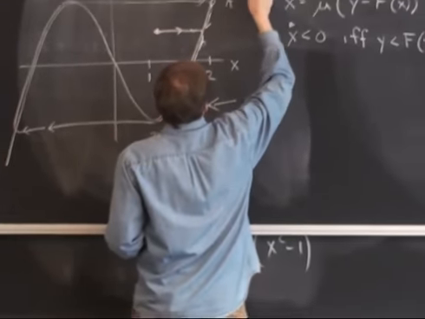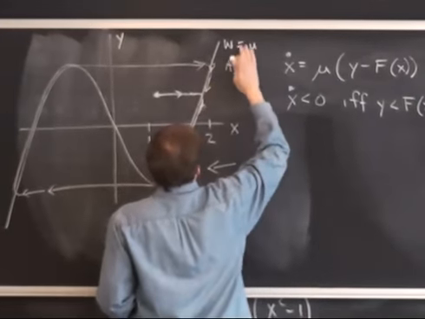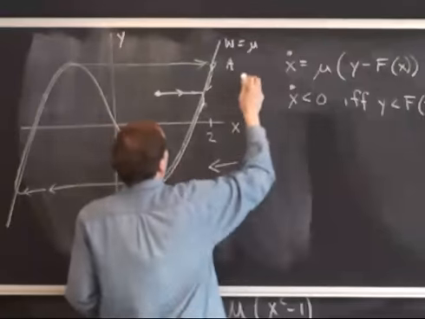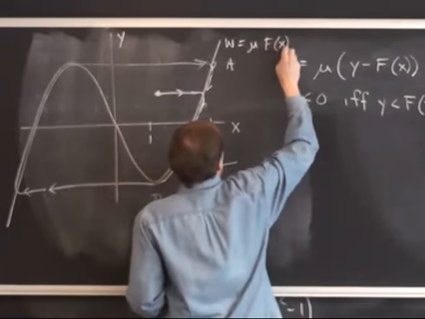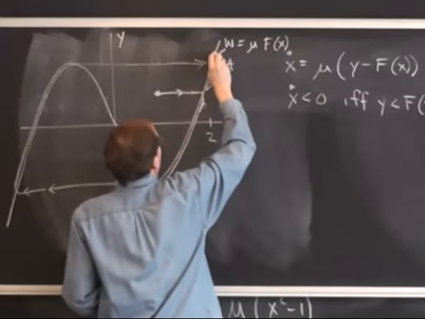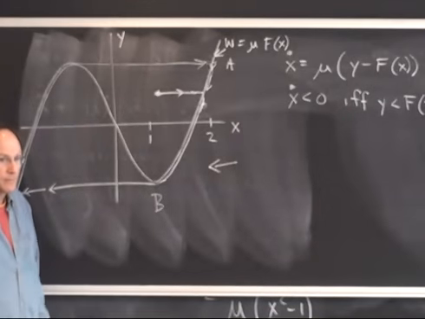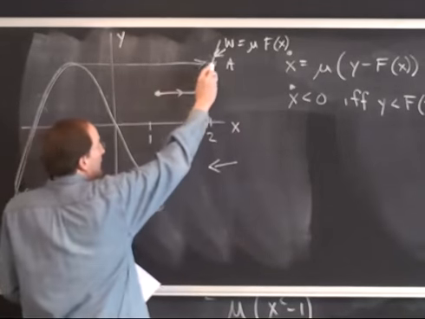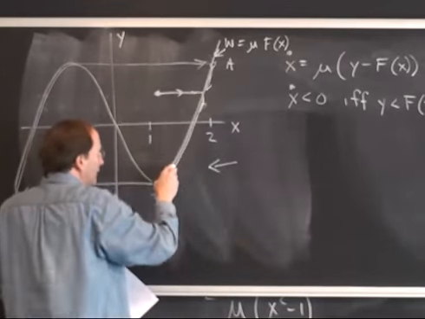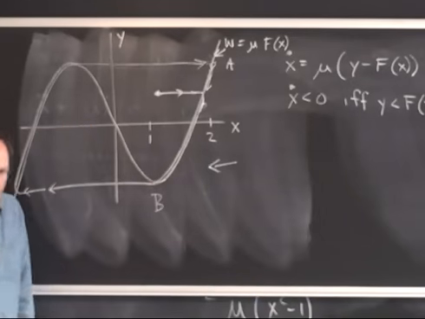Well, in y notation, it would be just y equals f of x. This curve in W coordinates is W equals mu f of x. And so I'm just saying that on the limit cycle, I'm basically on that curve. I'm a little bit off, but it's invisible.